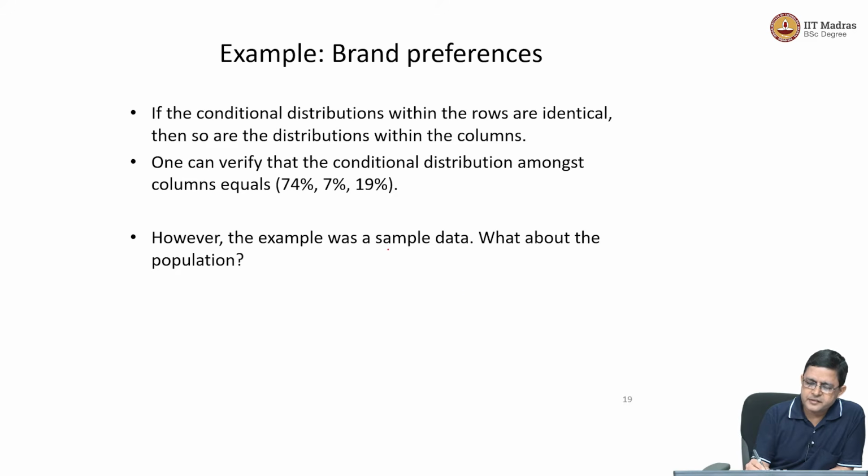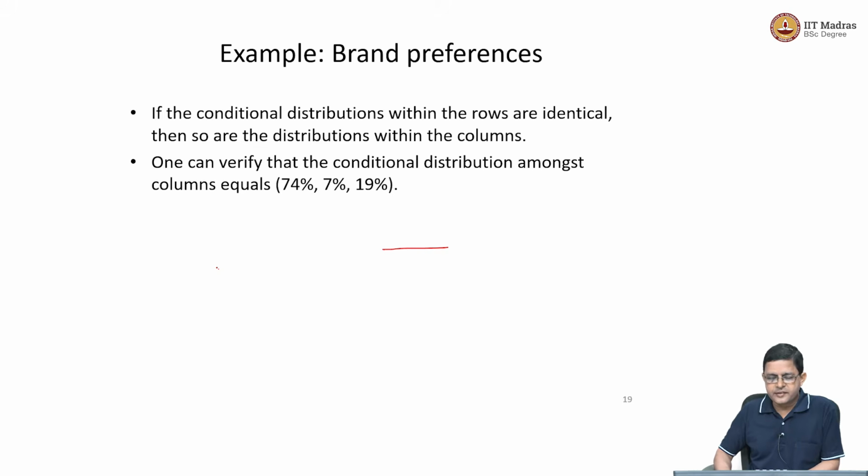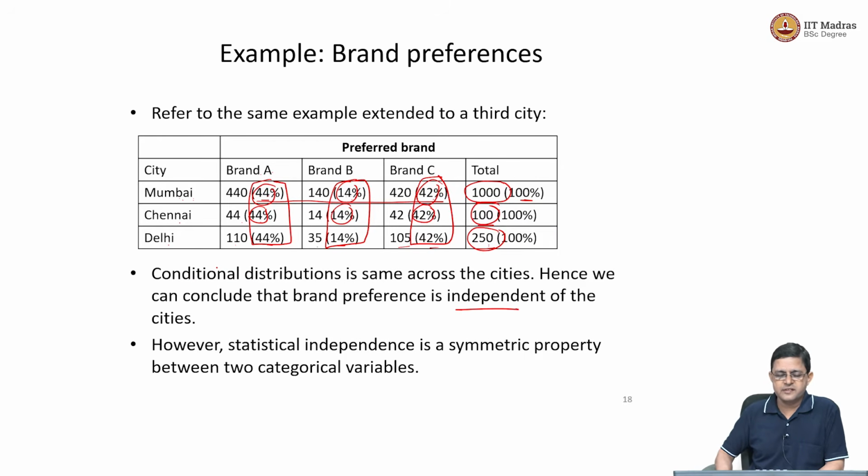But as I said, this is based on sample data. What about the population? Can I generalize these results and say that this independence will apply to the entire population? From the sample of 1000 plus 100 plus 250 across the three cities, we seem to think that brand preference is independent of the cities.